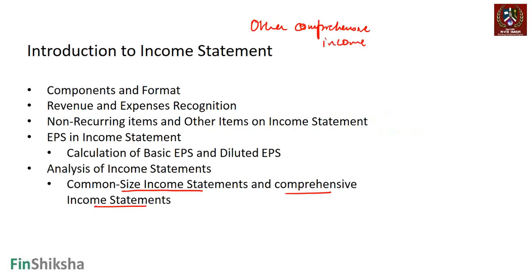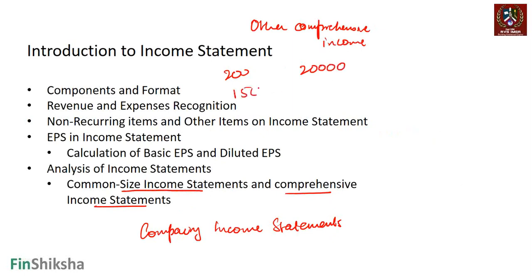Now, the first thing we need to understand is that when we are comparing income statements of multiple companies, unless we use some sort of ratios, we can't really compare them. There's a company that makes revenue of 200 crore and there's a company that makes revenue of 20,000 crore. Cost here is 150, cost here is 13,000 crore.